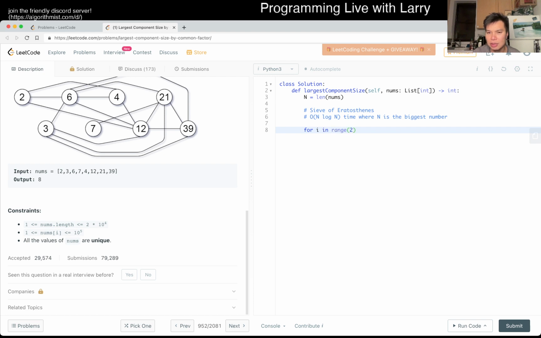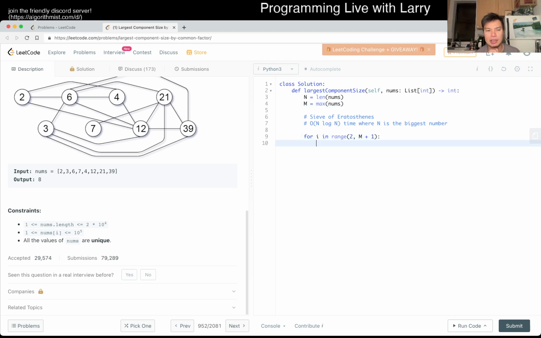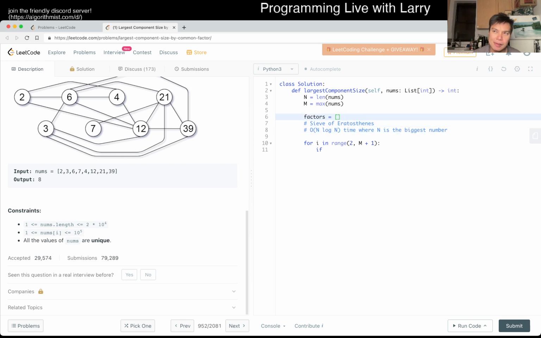So you start from 2 to m, let's just say, where m is the max number. Okay, so yeah, now we go through, we know that, let's just say factors is equal to... is this fast enough?